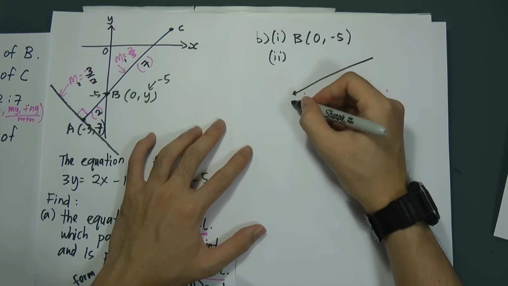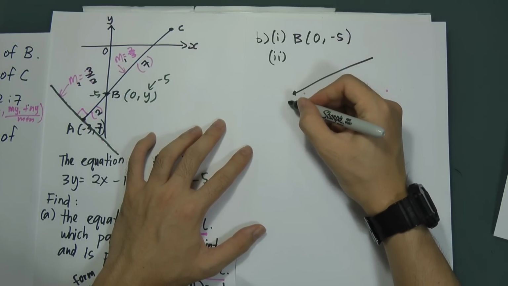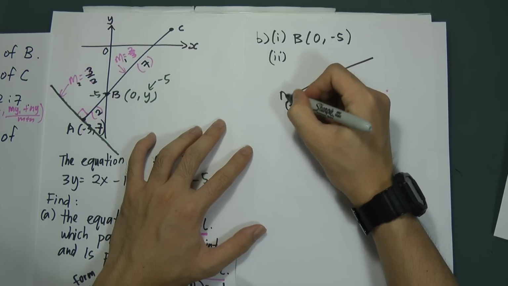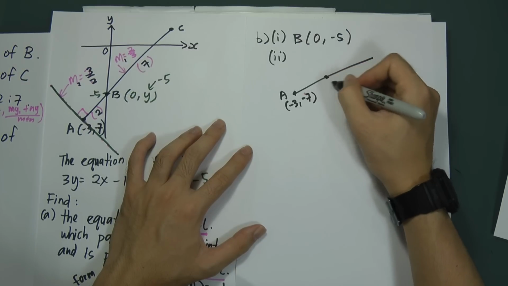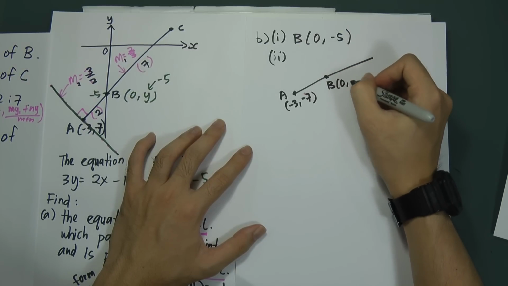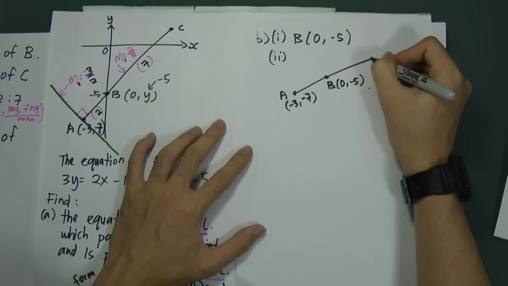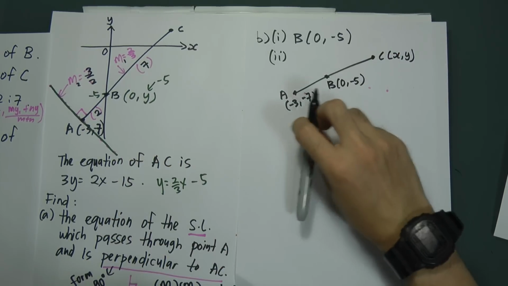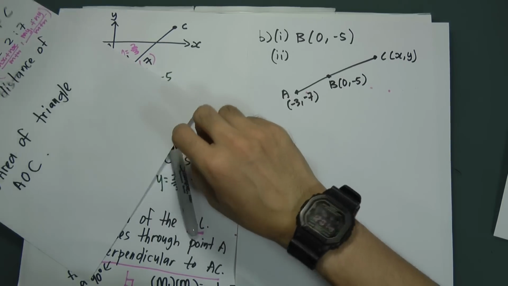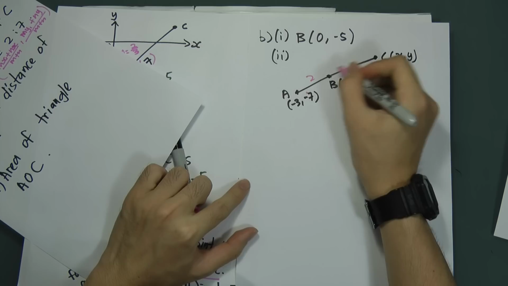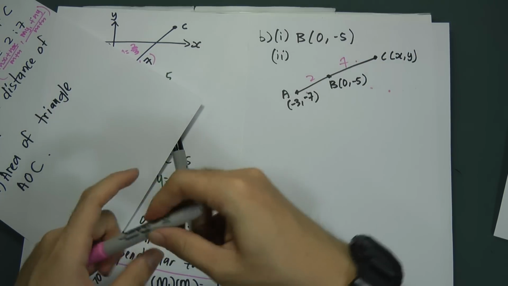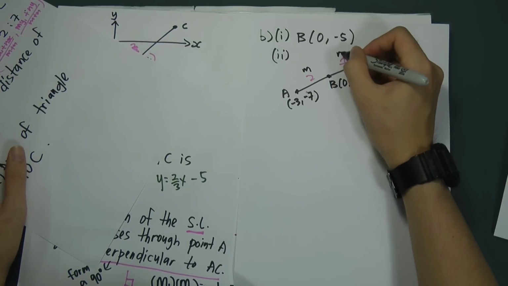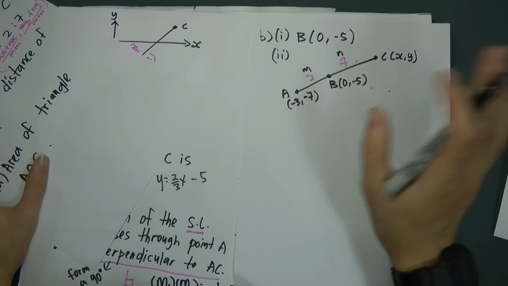In order to make this look better, I draw a diagram here for you. So A, we got A over here is (-3, -7). And then we got B is (0, -5). And then we got C is (x, y). And then the ratio given over here is 2 and 7. See, if I assume this is m, then this is n. You can put this as m, this as n, it doesn't matter.